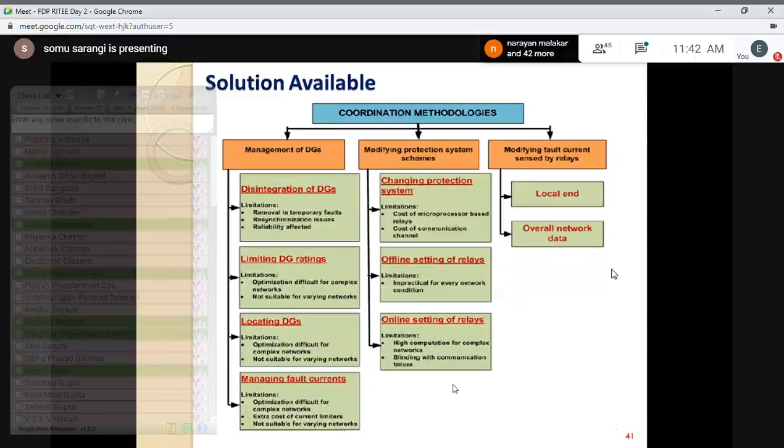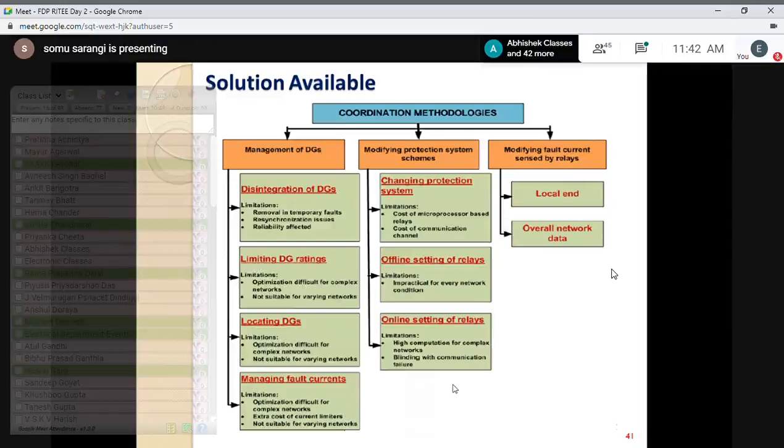Means if you're talking about the protection scheme, we have differential relay, we have distance relay. So with a communication system, the protection technique we are using, that is overcurrent relay or current-based system, you can change that. We can have a differential protection also.